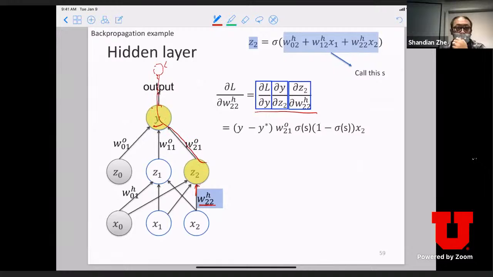Of course, at the output neuron, you have to compute the partial loss over partial output neuron Y, and then times partial Y over partial Z2. If you view this as a parent node, you compute partial parent node over partial child node Z2. And then times partial Z2 over partial W2H, right?